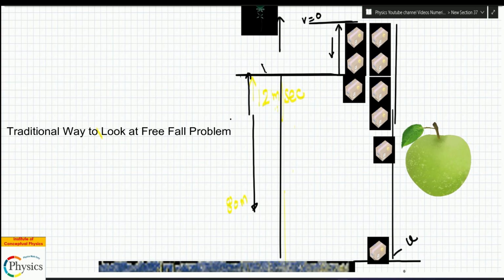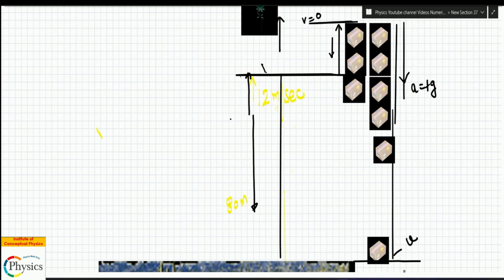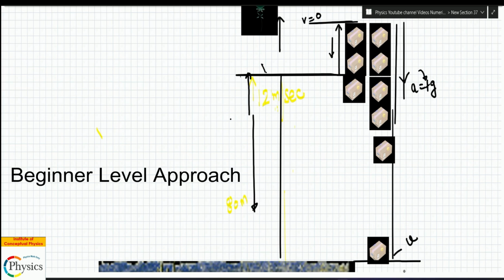All the while when it is coming down, the acceleration is plus g. Conventionally we treat this as plus, but we will get into details of this. The speed is increasing. The velocity will increase, and it will fall with a thud on the ground with great velocity.